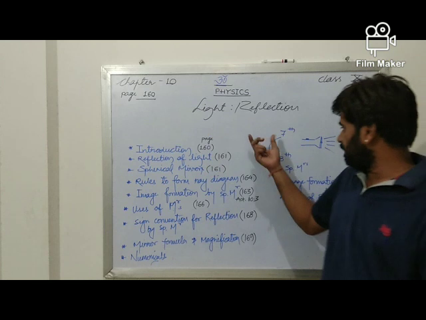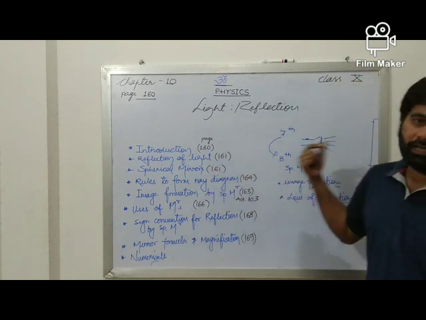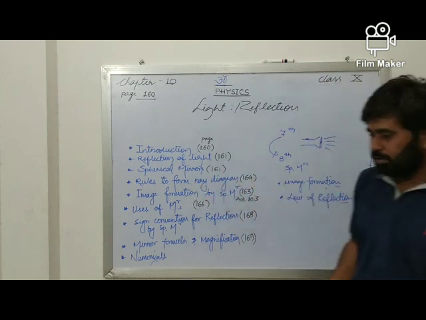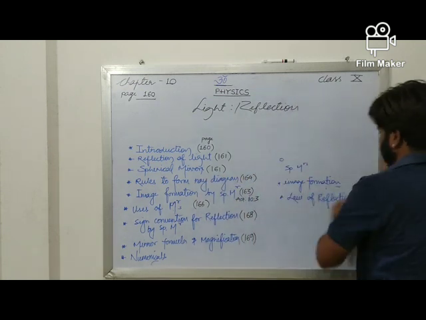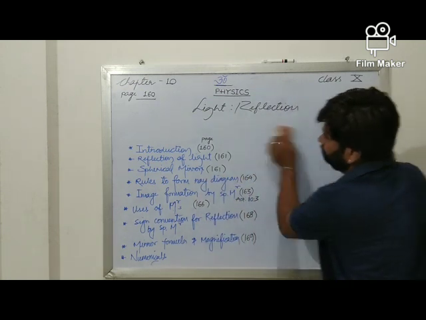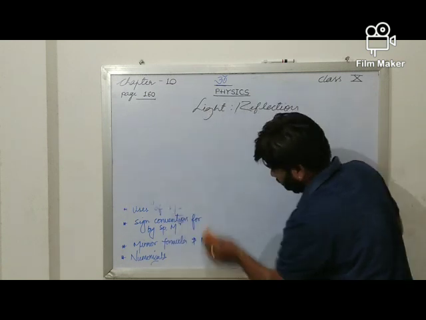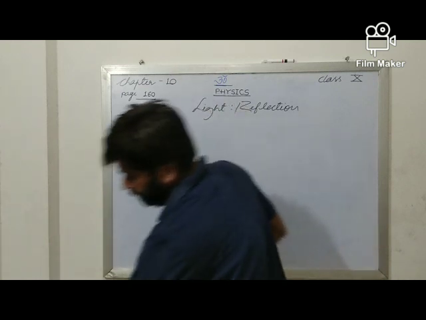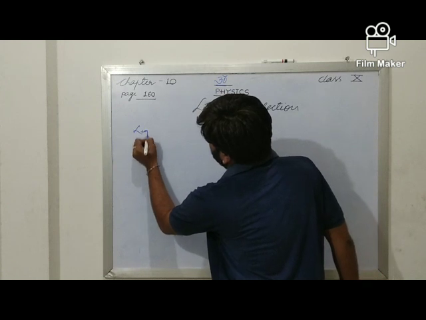So in this video we are going to see up to spherical mirrors: reflection of light, a few more basics, how to draw the diagrams, or rules to form ray diagrams. Introduction we have already done. So let us begin. In the introduction part, let us see what is light.